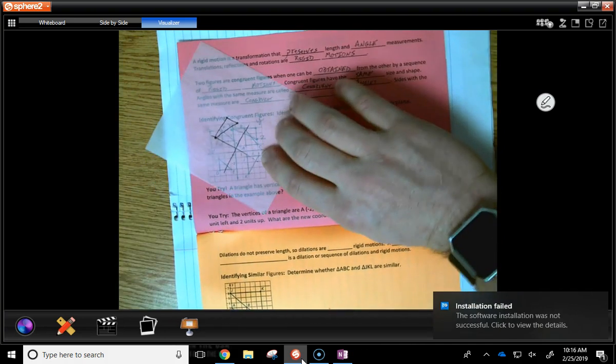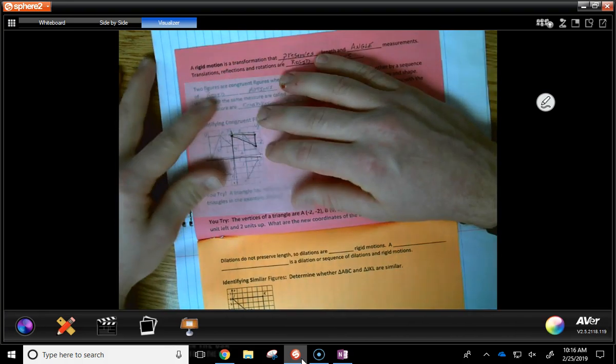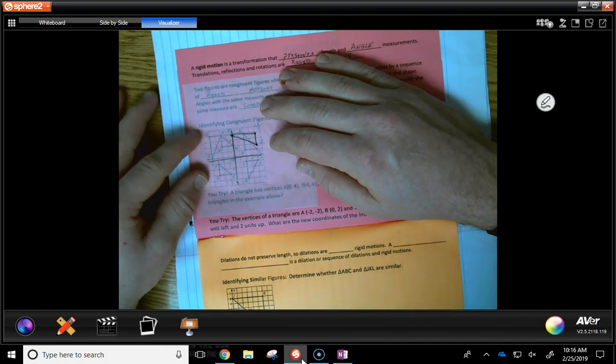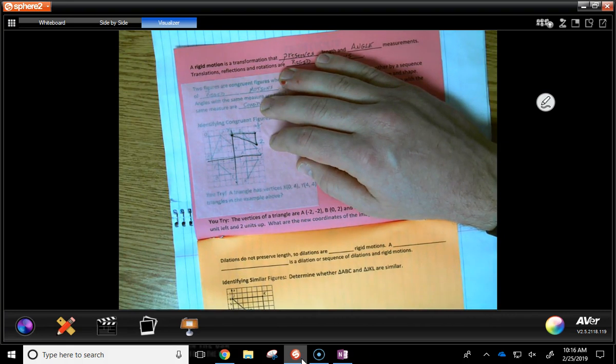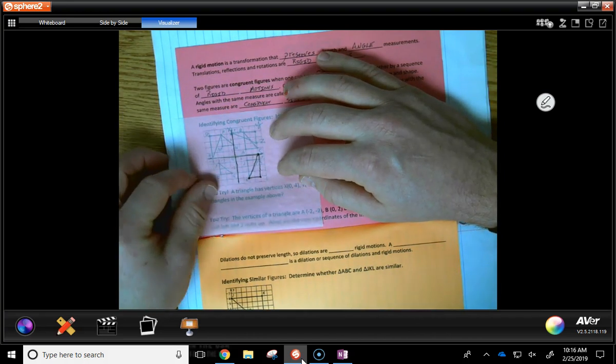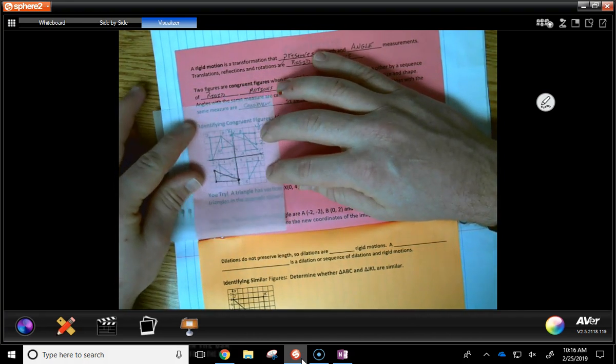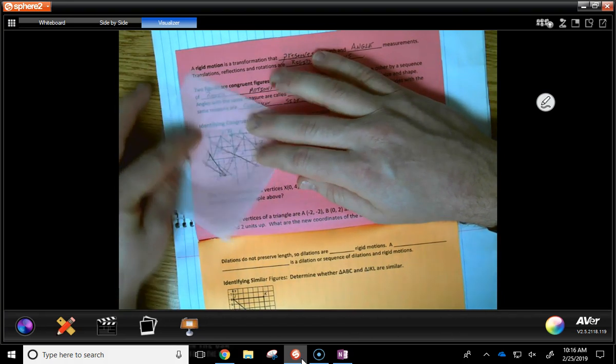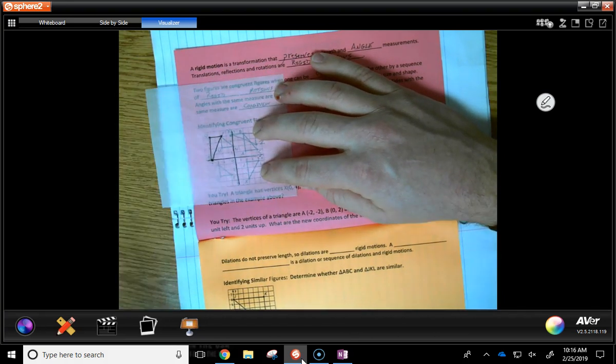If I would have said clockwise, how many degrees would I have had to go? 270. Very good. It would have been, here's 90. You add another 90, that's 180. And I'd have to add another 90, which would have been 270.